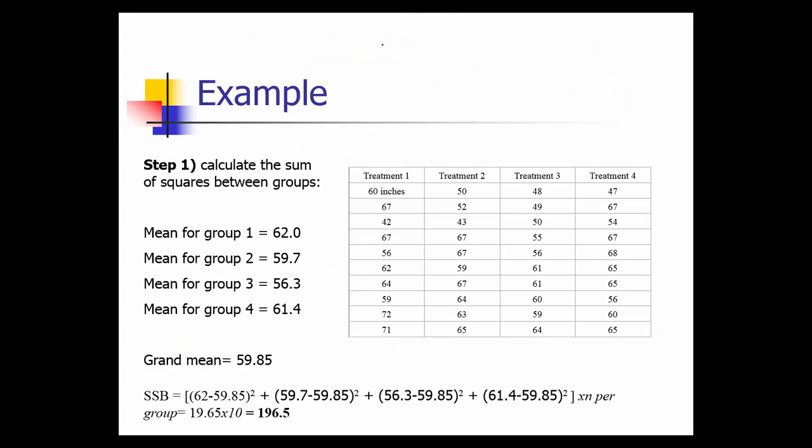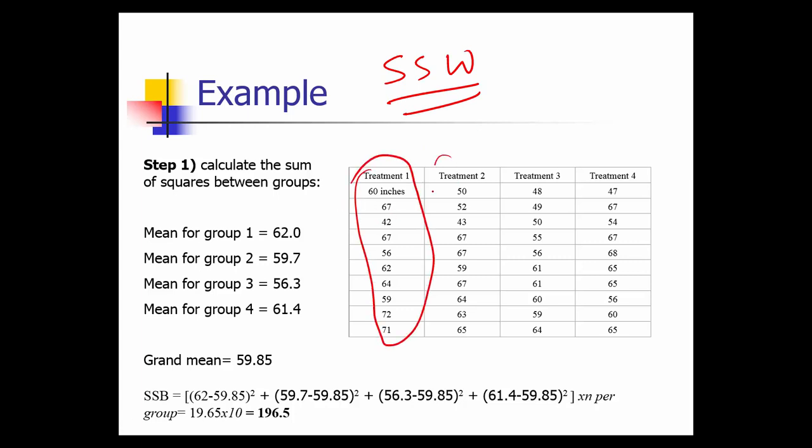So we will first calculate the SSW. And what is SSW? It is just the variation within each group. We'll calculate for treatment 1 separately, and then for treatment 2, and similarly for treatments 3 and 4. Before that, we'll calculate the mean, because to calculate variance we need to calculate the mean first. Variance is nothing but the difference of each observation from the mean.